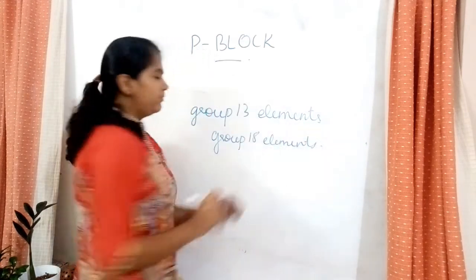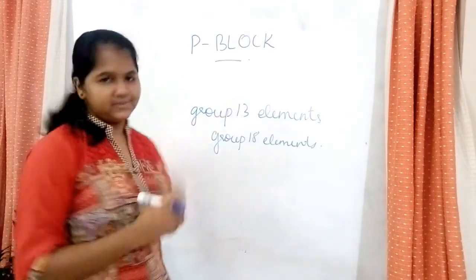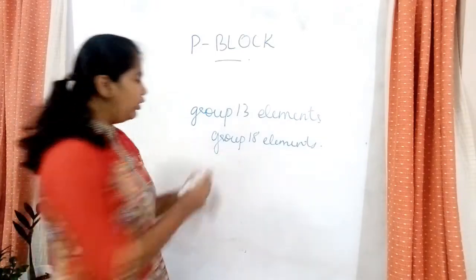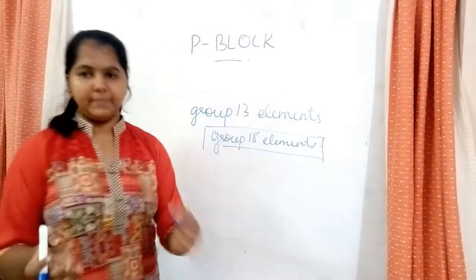In this session, I first divided this chapter into each of these elements. So let's learn about group 18 elements first. We learn about the group 18 elements in these upcoming two sessions.